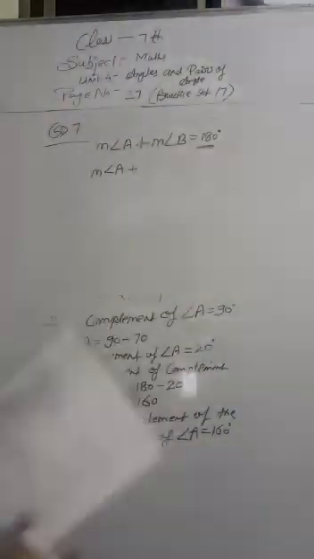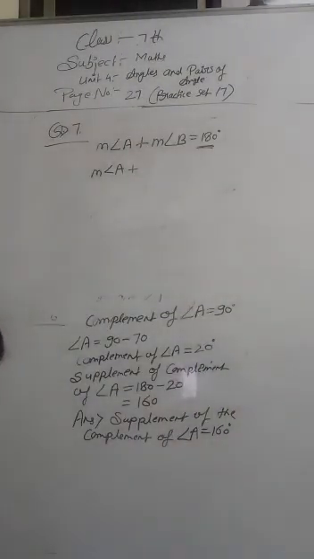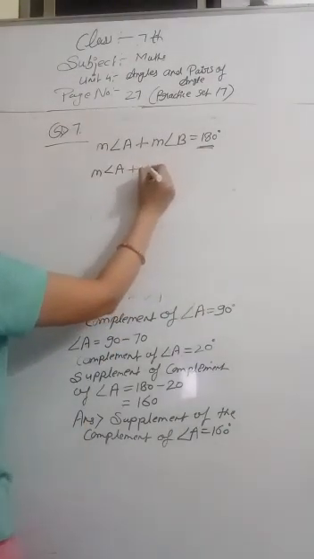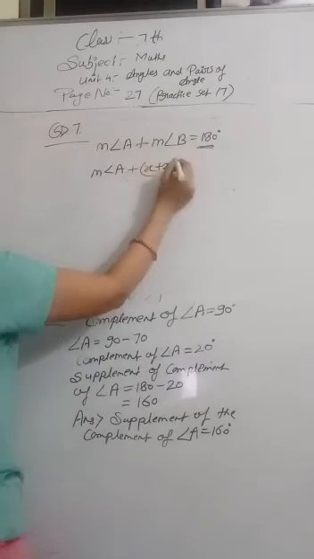Measure of angle B is given as x plus 20.